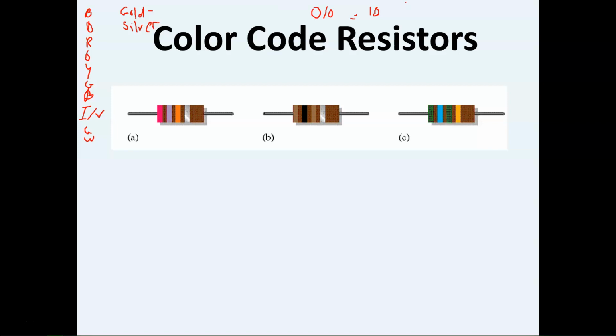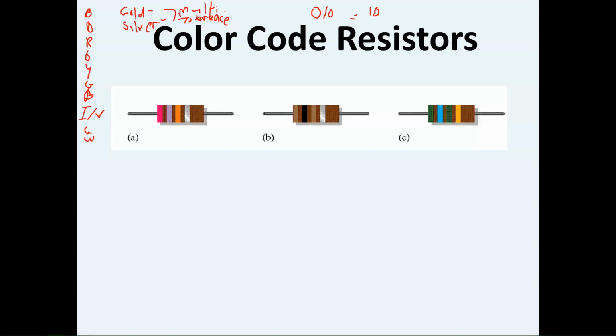Okay? And you'll also never see it start with gold or silver because these are strictly either multiplier or tolerance. So you will never see it start with black, gold, or silver, ever.